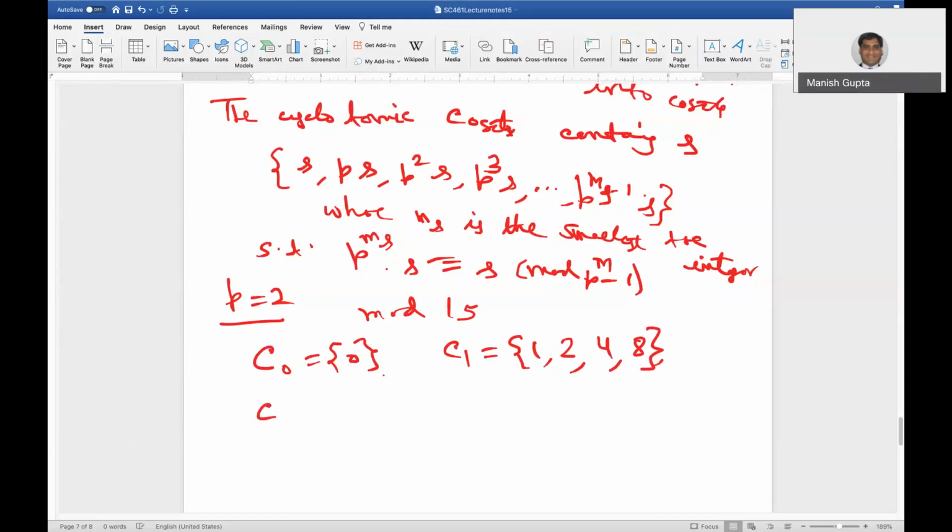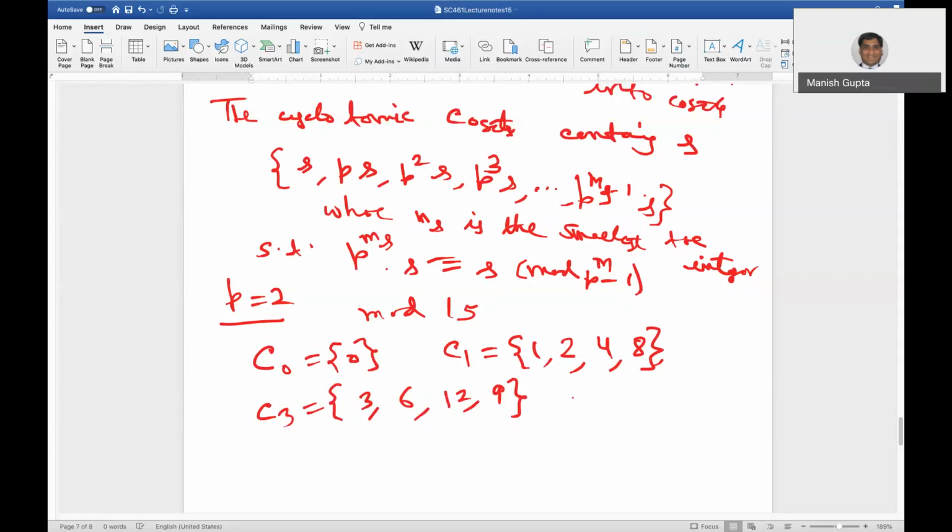Now the next number is 3, so we take C3: 3, 3 into 2 is 6, 6 into 2 is 12, 12 into 2 is 24 modulo 15, which is 9.